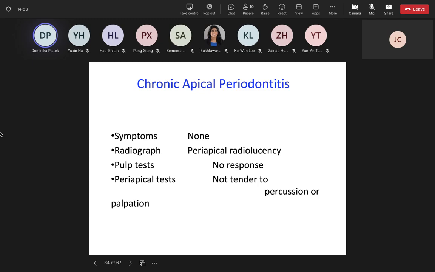They do not react to any pulp tests, and they are not tender to percussion or palpation. These cases are not really rare, and we can find them during checkups with radiograms.